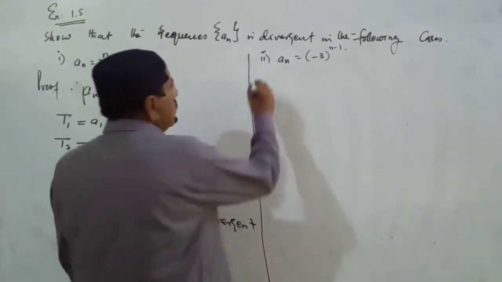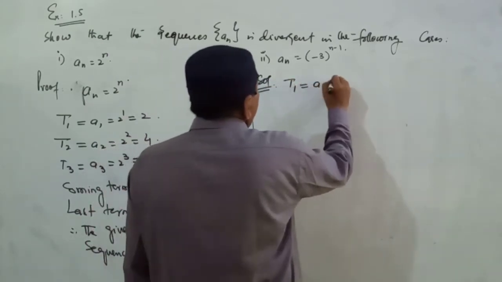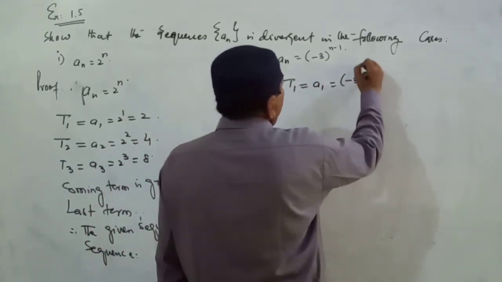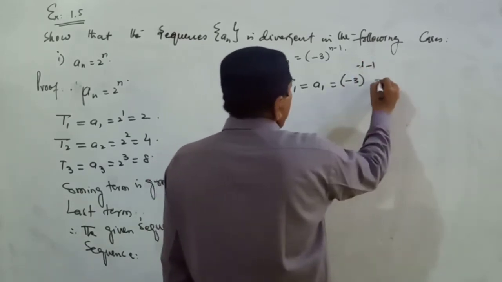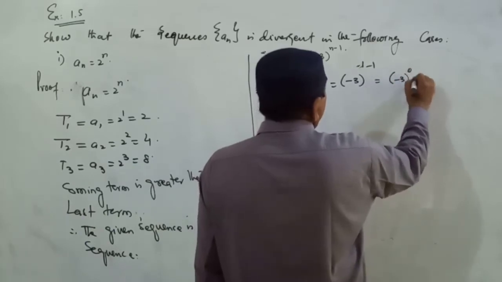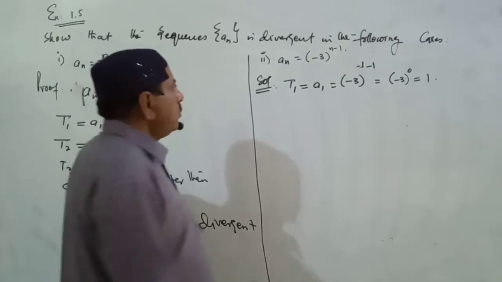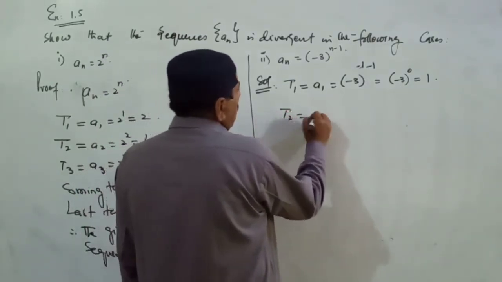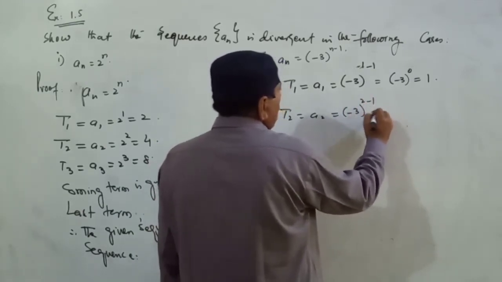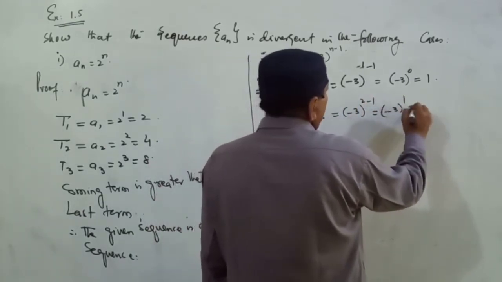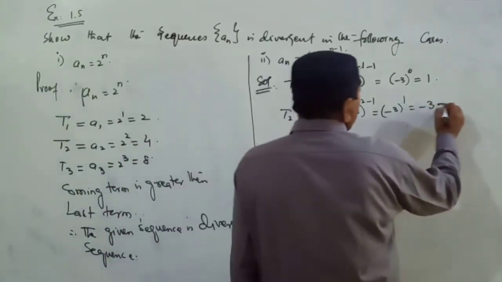Solution is term 1 is equal to a1 is equal to minus 3 power 1 minus 1. So this will be minus 3 power 0, which is equal to 1. Term 2 is a2 is equal to minus 3 power 2 minus 1, minus 3 power 1, is equal to minus 3, or we can write as mod 3.